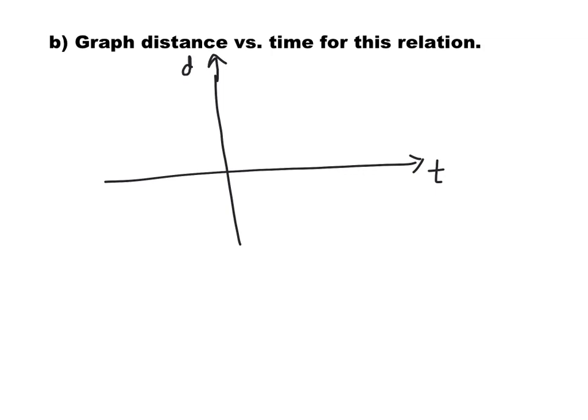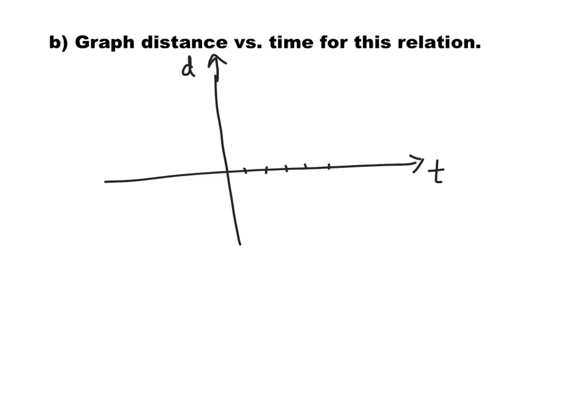The next part of the question says graph distance versus time for this relation. To do that, again I draw my t, which is the x, and d, which is the y value. Now, our time starts from 0, 1 hour, 2 hours, 3 hours, 4 hours, 5 hours.